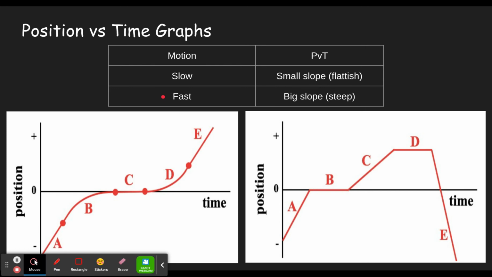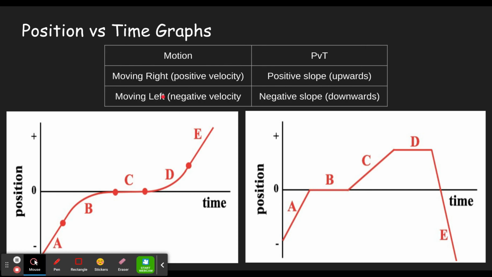Okay? All right. Next, if it's moving to the right, that means it has a positive velocity. That's another way of saying it. Positive velocity, that means the slope is upwards. So A would have a positive velocity. C would have a positive velocity. E would have a negative velocity.